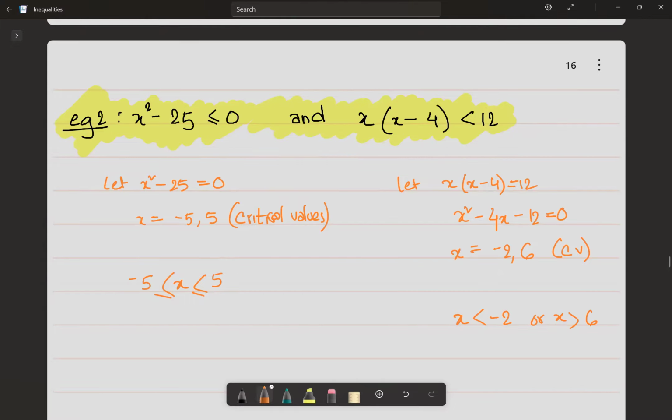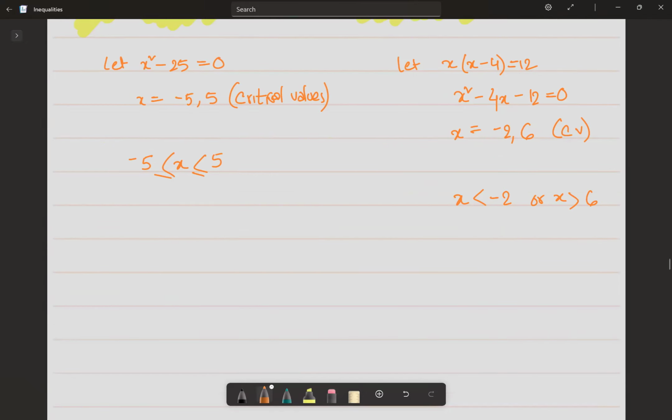Now we have to represent this on the number line. So if we represent these two sets of inequalities on the number line, we first have to draw the number line. We get a straight line like this, which represents the line for x. The variable here is x.